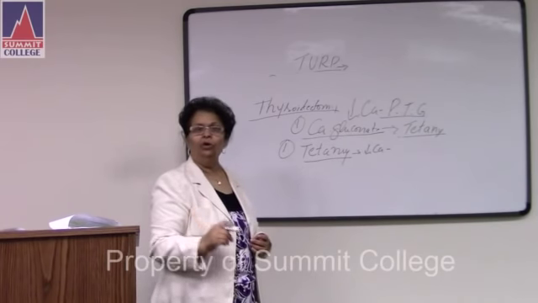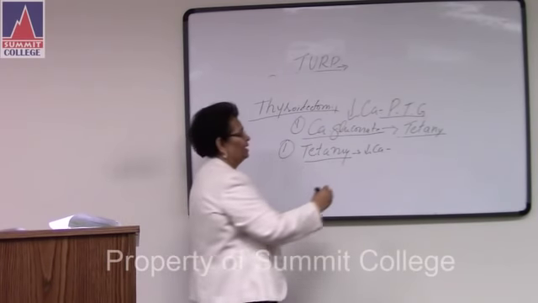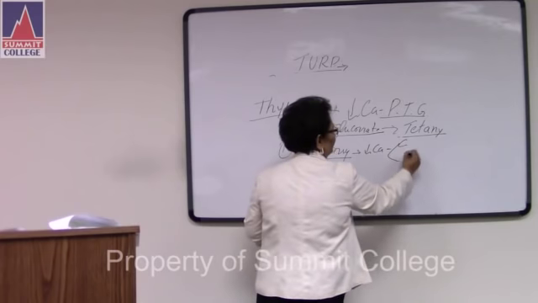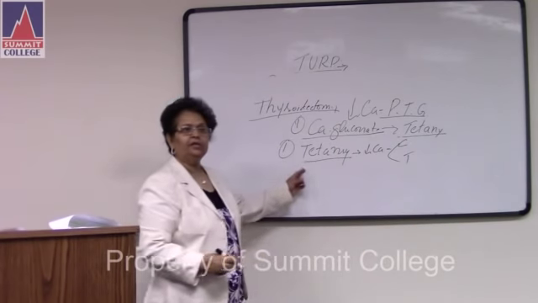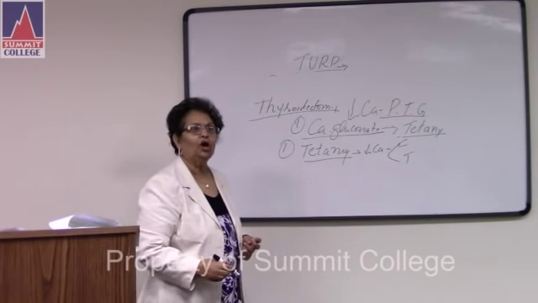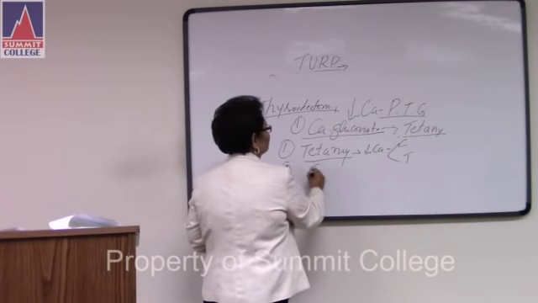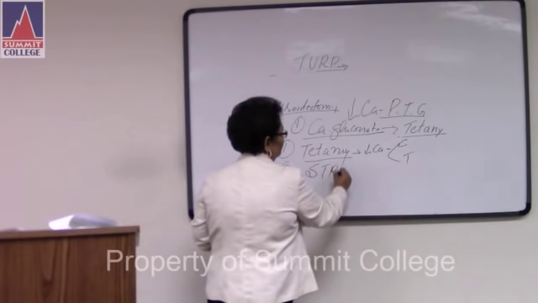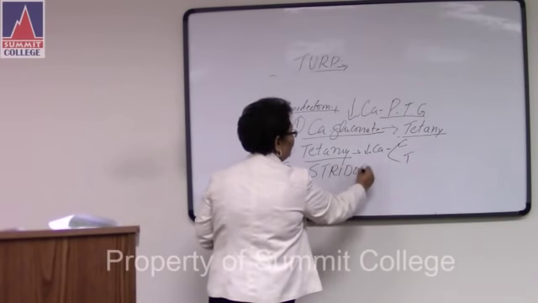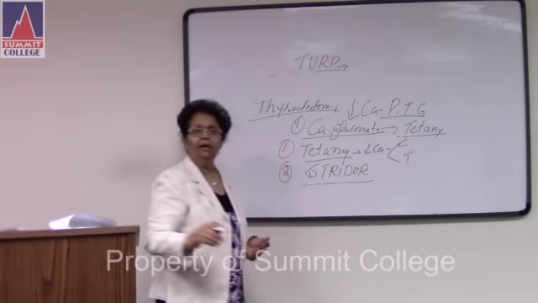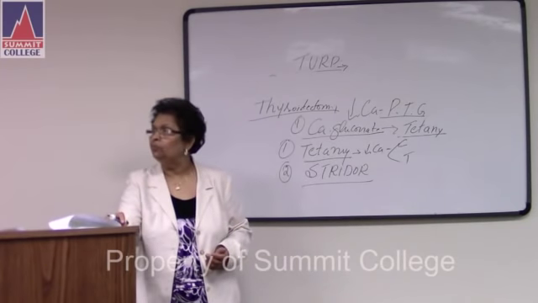What are you monitoring for low calcium? We all should know Chvostek's and Trousseau's sign for calcium. And what is the patient doing here? Twitching of the muscle. Number two, the word stridor. Whenever you see stridor, the patient is not able to breathe.